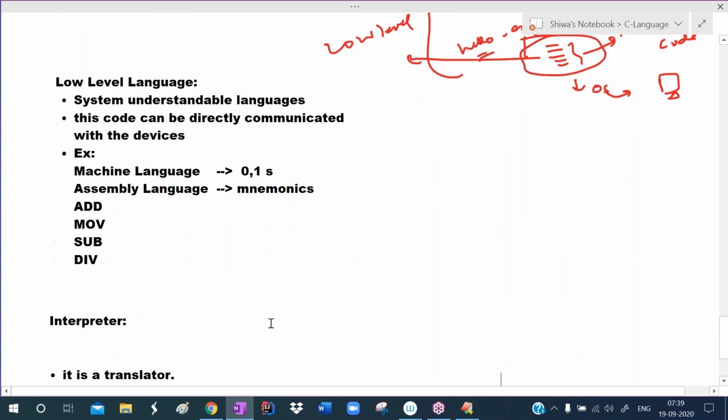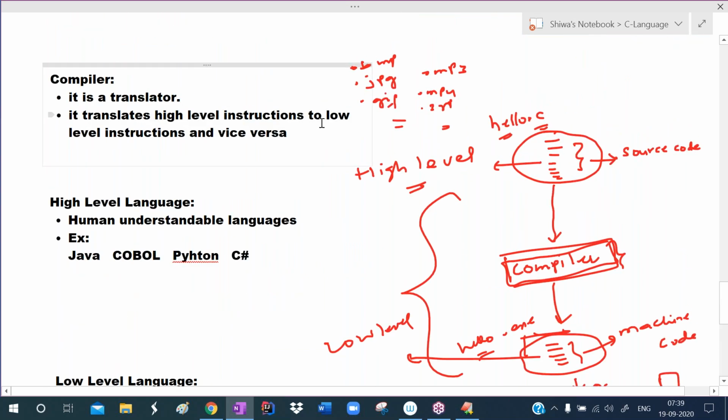Then what is the difference here? The compiler translates all instructions from high level code to low level code at a time.